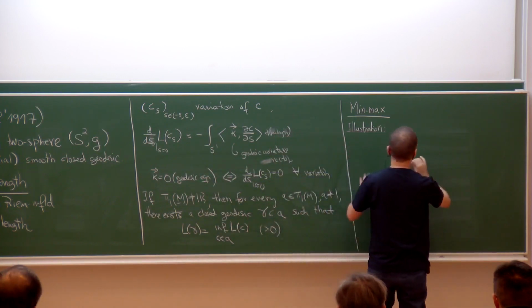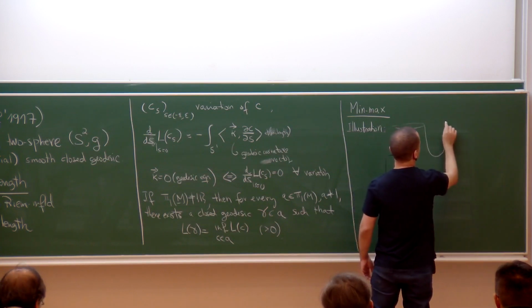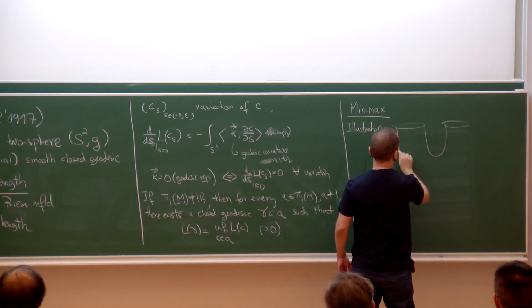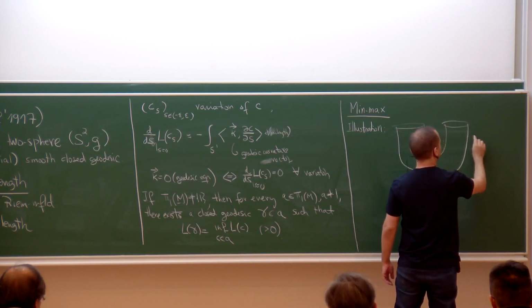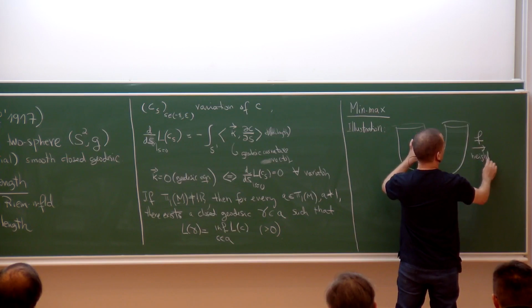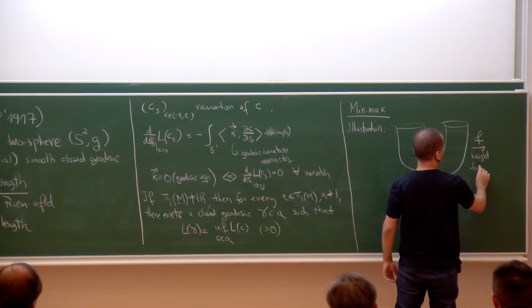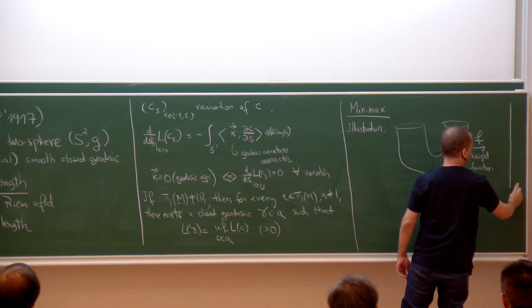But for the moment, let's just say that I have some surface which looks like this. And say I'm trying to study some function f, which is going to be the height function in this case. This is the real line.